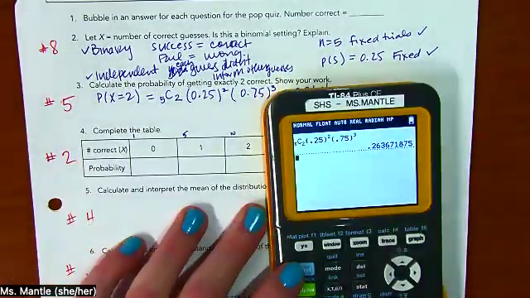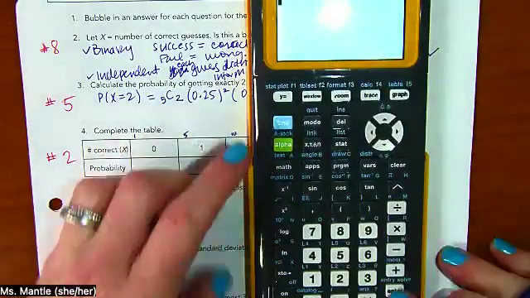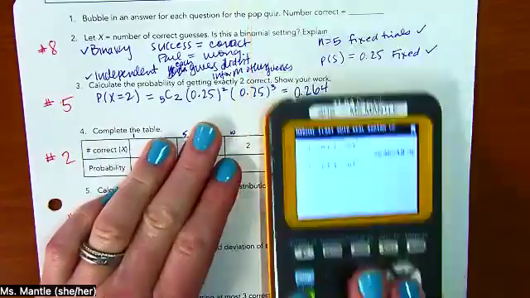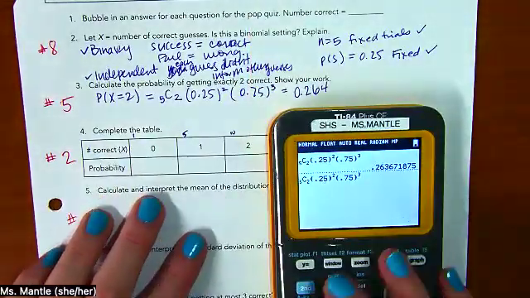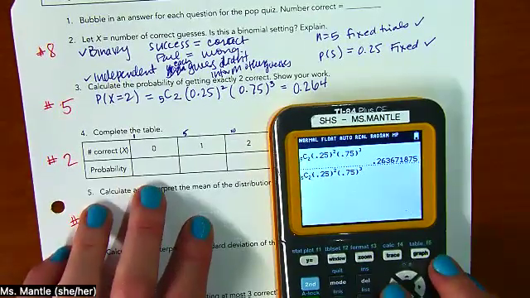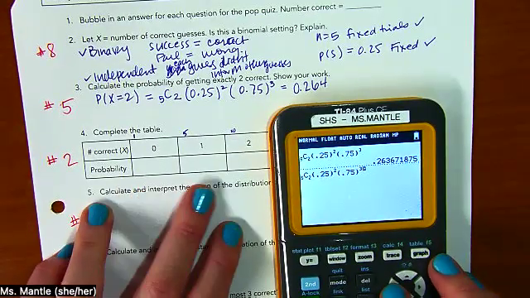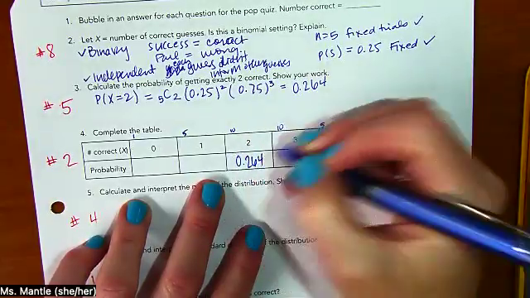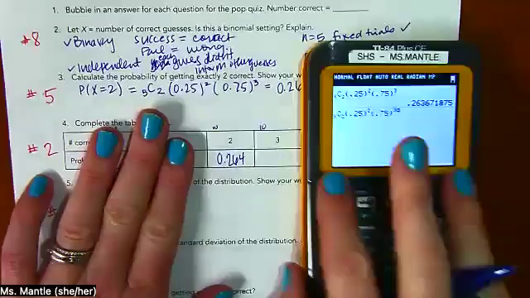Okay, so then you're asked to complete the table here. I don't know if you know this, but if you hit second enter, it will recall the previous thing that you had. Then we can go in here and change things. Let me put 0.264 here. I'm going to go to the right first.